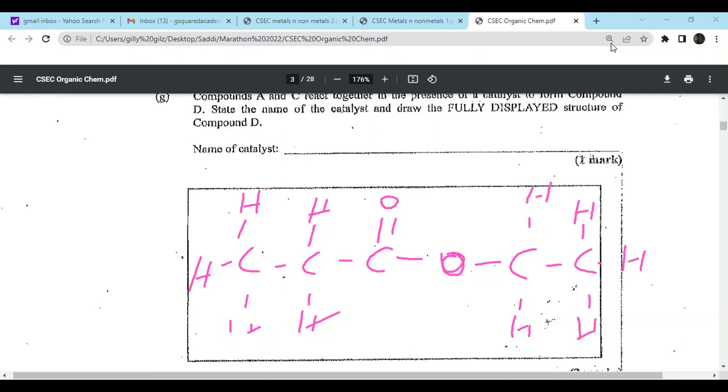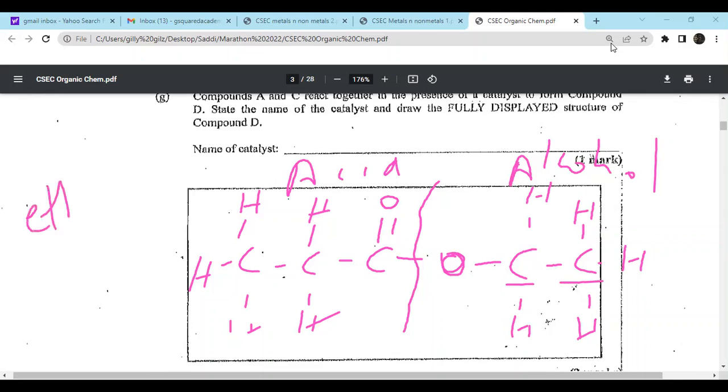So now they may ask you the name of this ester. So what you need to do is now divide the ester into acid and alcohol. So you split it right there. This is acid. This is alcohol. The alcohol portion is named first. So you need to count the number of carbons in the alcohol. 1, 2. Find the prefix for 2 carbons, which is eth. So you're going to add yl. So it's ethyl.